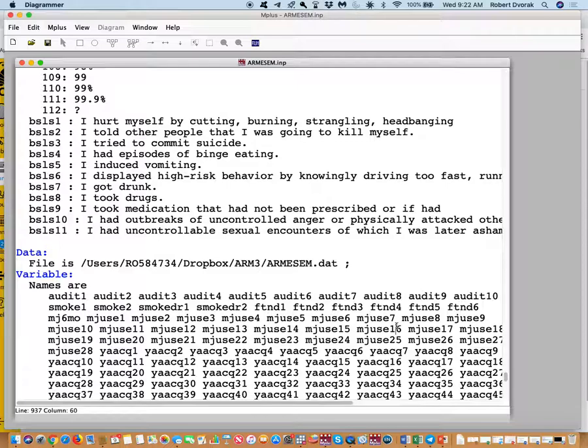Moving down, we then have RMSEA, the root mean square error of approximation, and we want a value there of what? Less than 0.08. Less than 0.08 would at least indicate that you have reasonable fit. If you are at 0.08, then you at least want to have confidence intervals that what? Are between 0 and 0.1, right?